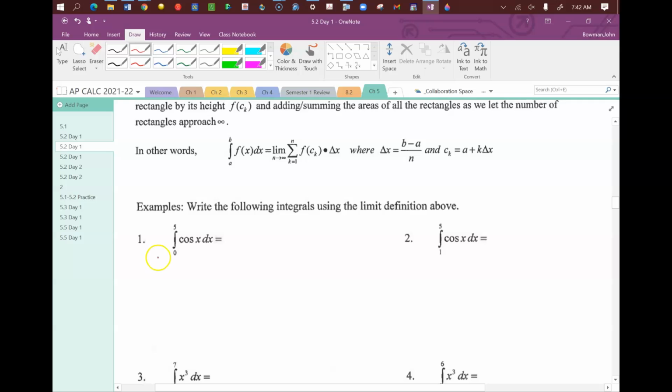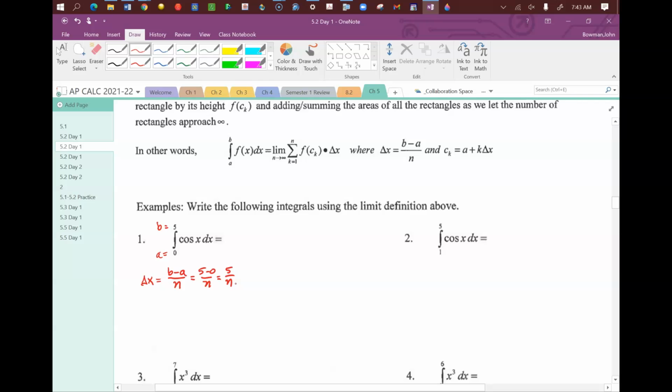All right, so a is the lower limit of integration, b is the upper limit of integration, and we are going to find delta x, the width of the rectangles, by taking b minus a over n. So in this case, we have 5 minus 0 over n, or 5 over n.